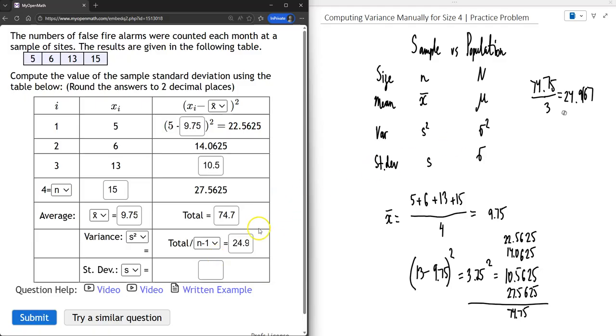That's our variance. And if we want to find the standard deviation now, we take the square root of the variance. So let's take a square root of 24.9167, and I got 4.99. Almost 5, but not quite.